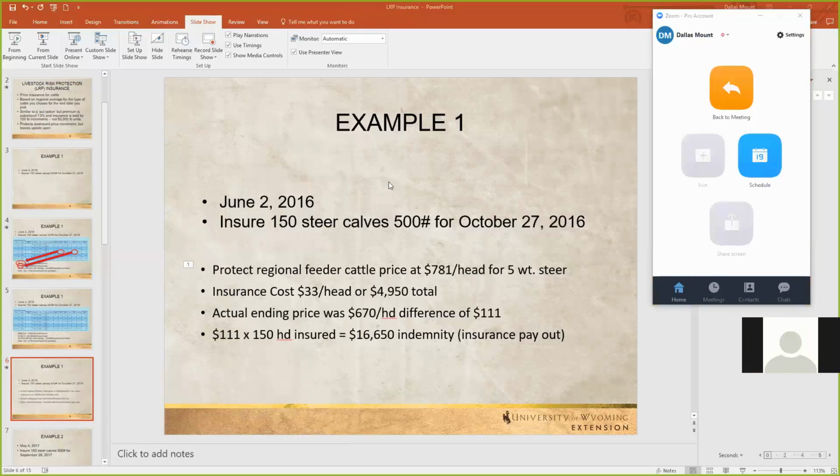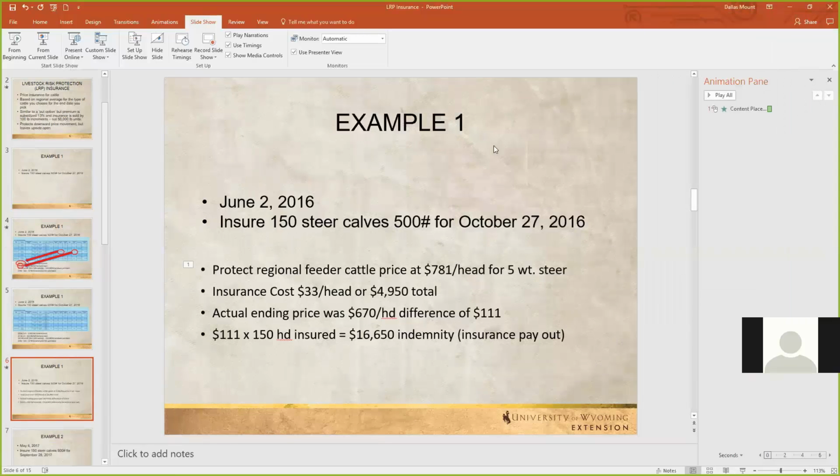Dallas: Based on that scenario, what happens if you didn't sell your calves in that time period, even though that's the insurance product you selected? Let's say you sold your calves at a different marketing window. Not a problem. Good question.